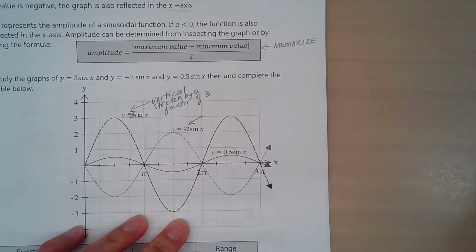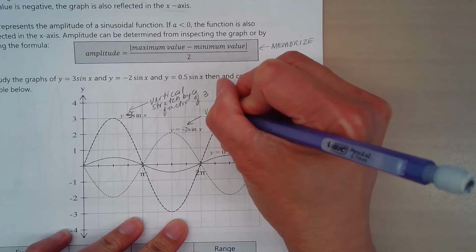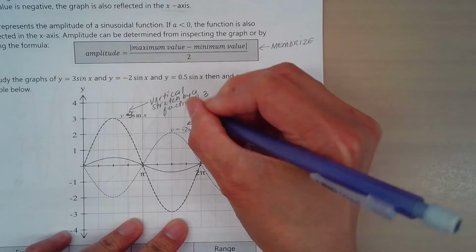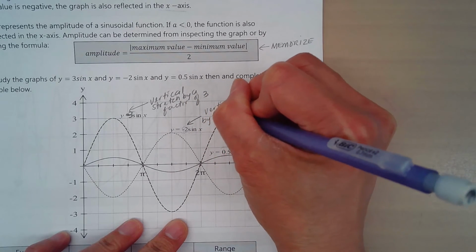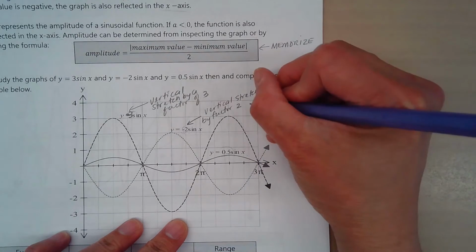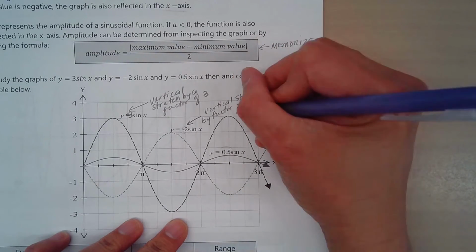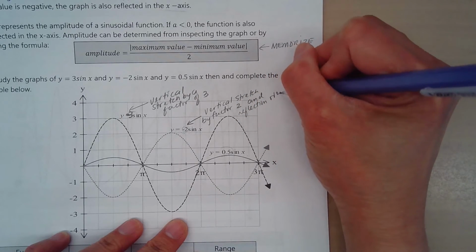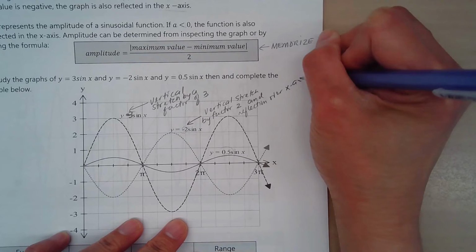This one right here has a vertical stretch by a factor of 2 and a reflection over the x-axis.